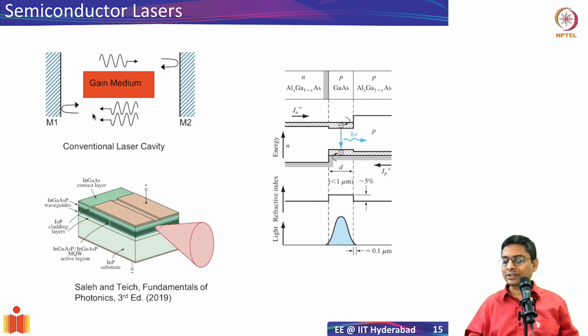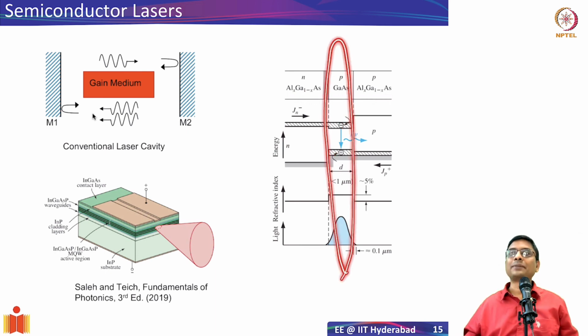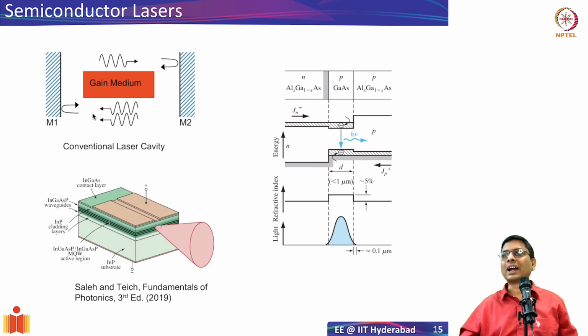So there's a band gap change, and electrons can be injected into this region, and holes can also be simultaneously injected. So in this heterojunction region, we have simultaneously a very large number of electrons and holes. That is what we call gain. Basically, you're creating gain that way, and you have a strong emission of photons. So this is a practical way of actually creating lasers.